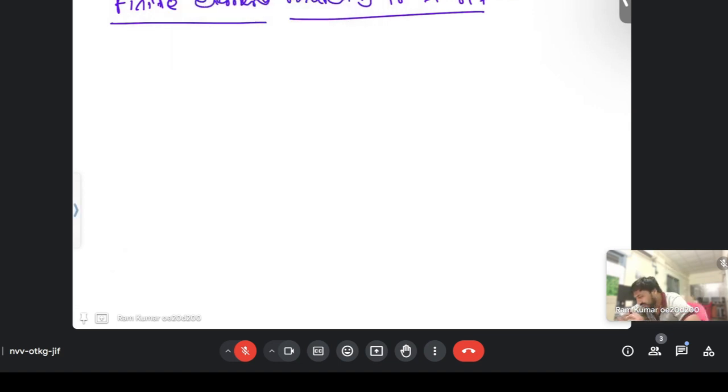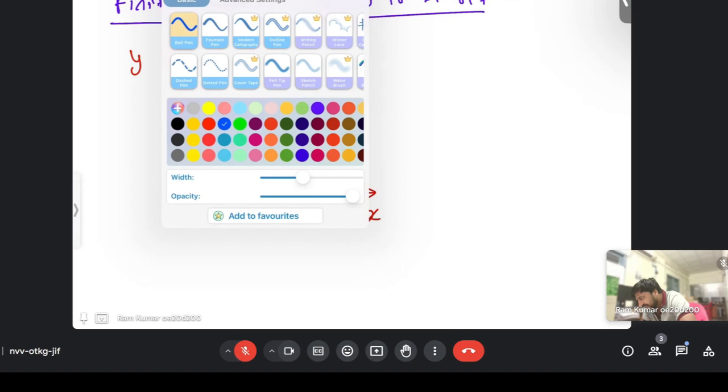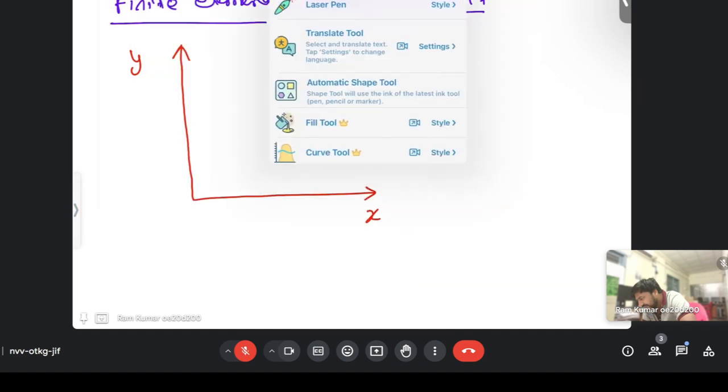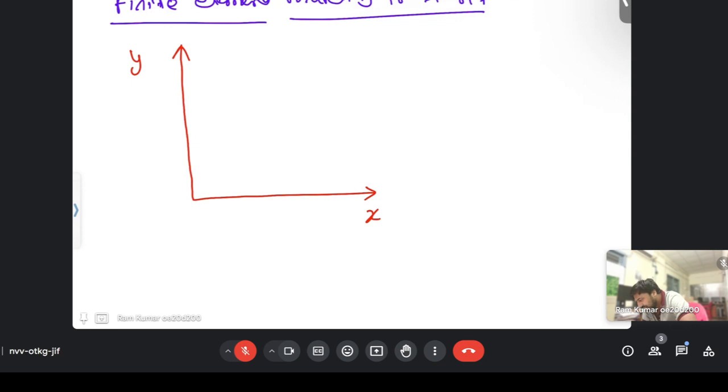We are having an XY plate, which means it is in 2D direction, like a 2D frame. This is Y, this is X, and this is one of the plates.